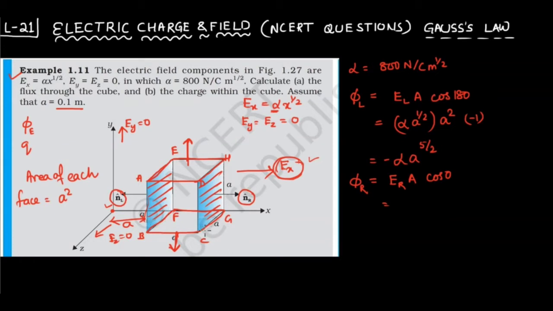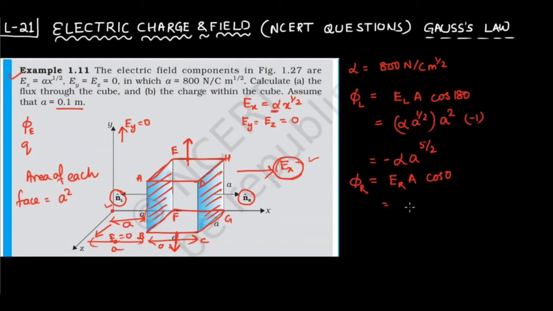The distance between the right face and the left face is equal to a. This distance is a, and this distance is also a. The left face is at a distance a from the origin. So the distance of DCGH from the origin will be 2a. In place of x, if you put 2a, you will get the electric field at the right face.